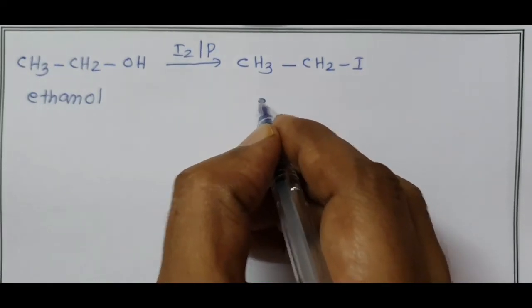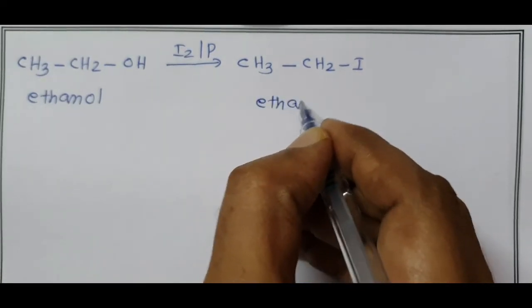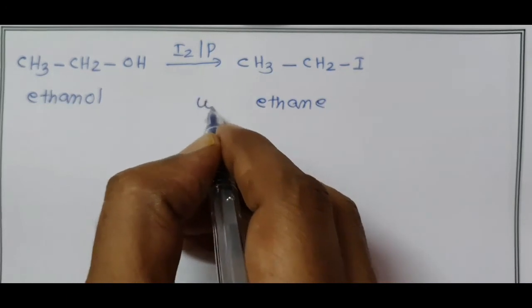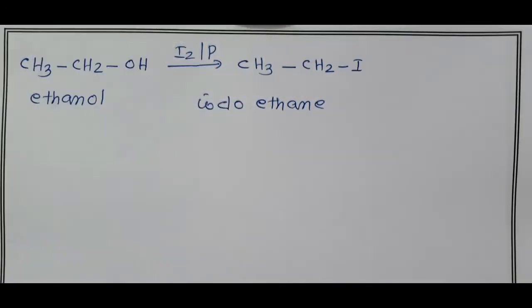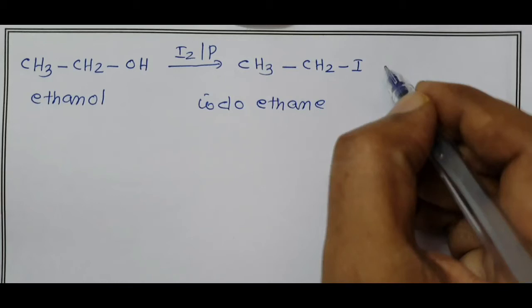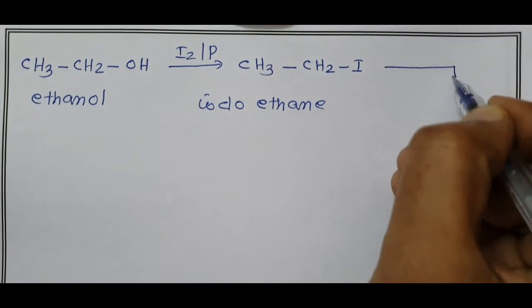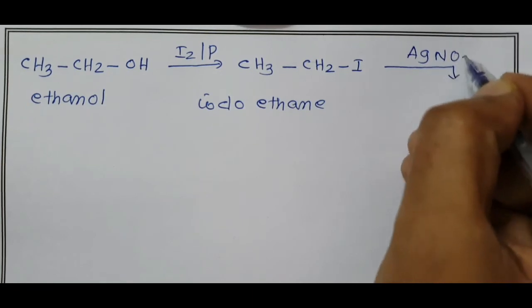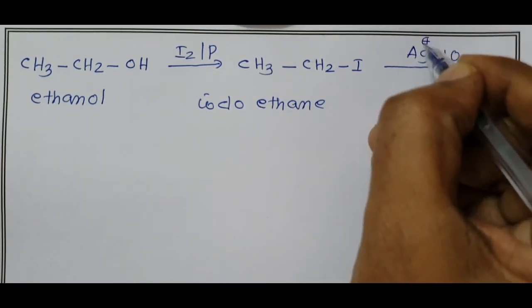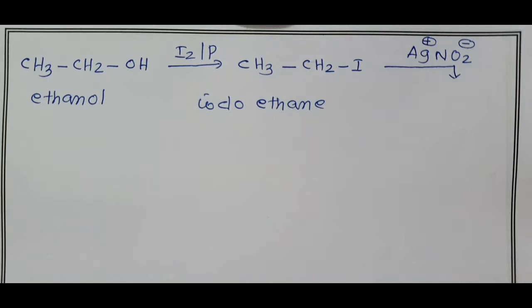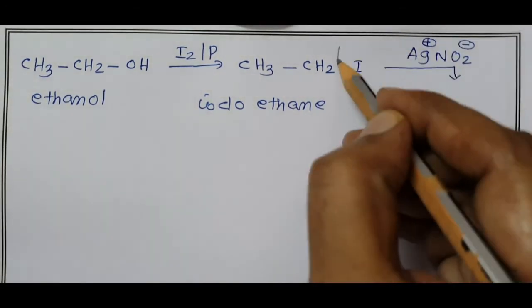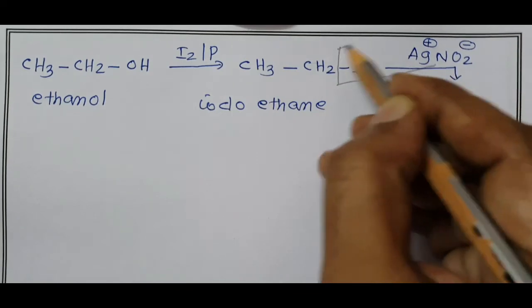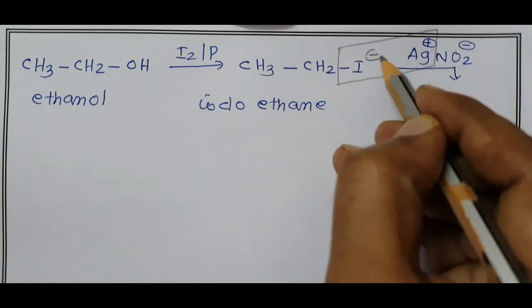Two carbons, eth, carbon single bond, ane, functional group I, therefore this is iodoethane, which when treated with silver nitrite, AgNO2, Ag plus, NO2 minus, silver nitrite. Nucleophilic substitution reaction, Ag plus, I minus removed as AgI.